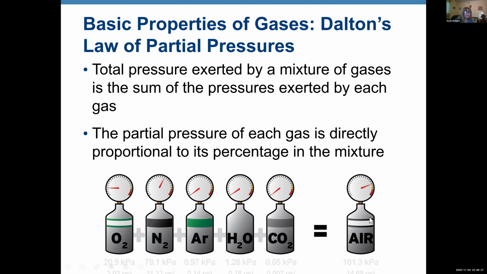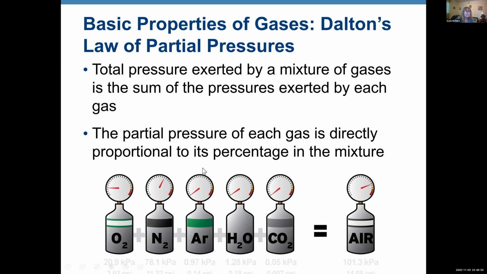So if you have air, what is the total pressure of air? It equals the pressure of all the gases that make up air, because air has oxygen, nitrogen, argon, water, carbon dioxide, right? So you take the partial pressure of all these gases that make this mix, you add them, and it's going to be your total pressure.